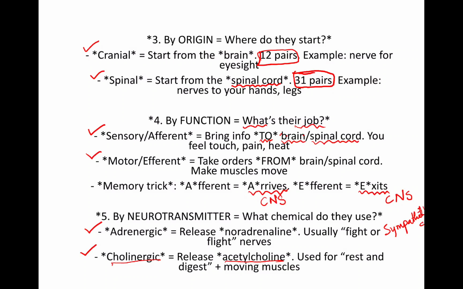And where can you see the rest and digest mode? Rest and digest nerves are in the parasympathetic nervous system. Can you see now everything is so connected here? Nervous system. So adrenergic and cholinergic.